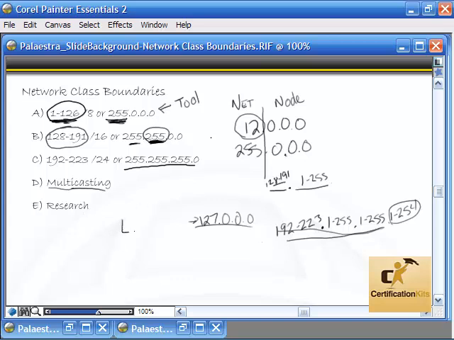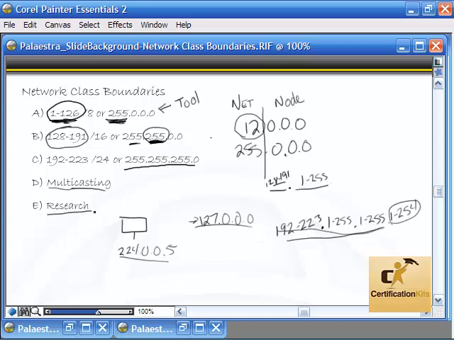Like OSPF. When a router sends out its OSPF updates, it sends them to the multicast address 224.0.0.5, and all the other routers are listening for those multicast updates on 224.0.0.5. It's a good example of a multicast address in use. Class E is used for research, that's 240 and above.